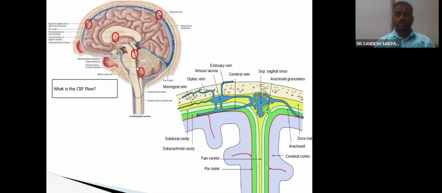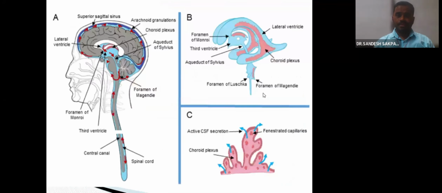Then from the fourth ventricle, it comes into the subarachnoid space by the foramina of Luschka and Magendie. Then it goes down, passes to the central canal, and comes up over the brain to the superior sagittal sinus, where it is absorbed by the arachnoid villi. This is how the CSF flows.